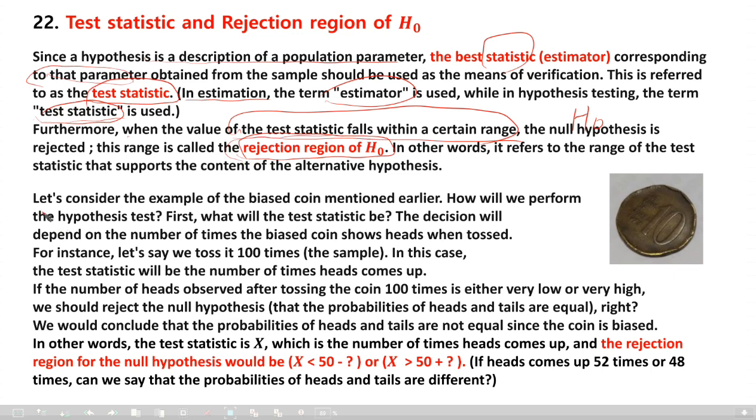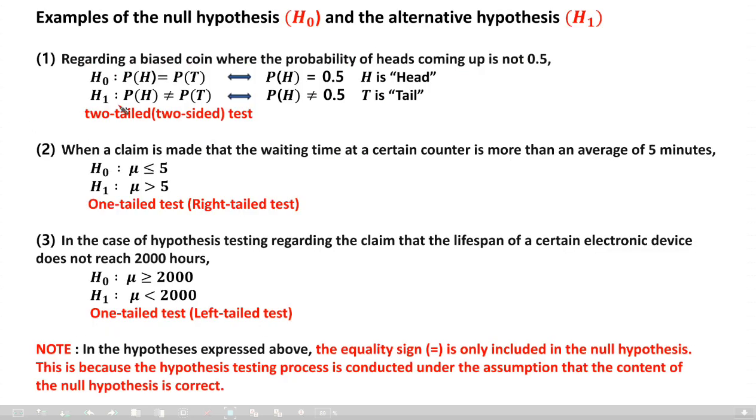All right. Let's consider the example of a biased coin. Yesterday, I took this example. There is a biased, twisted coin. Then for that coin, the probability of heads coming up is not 0.5 because it is biased.